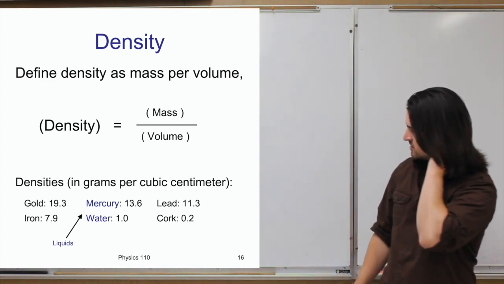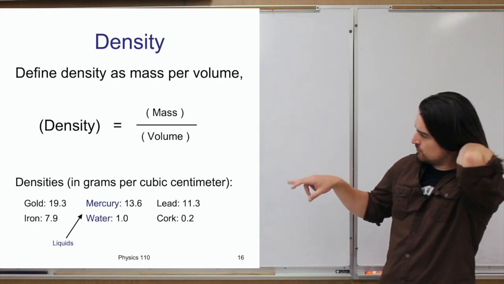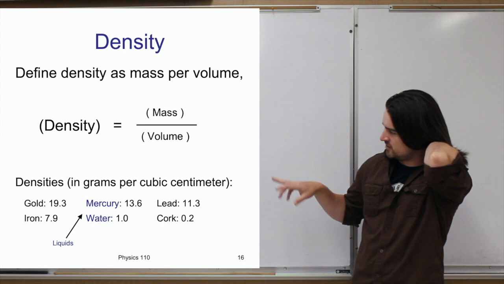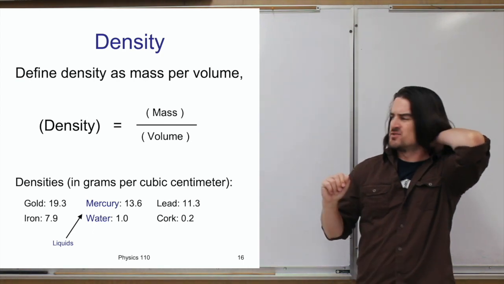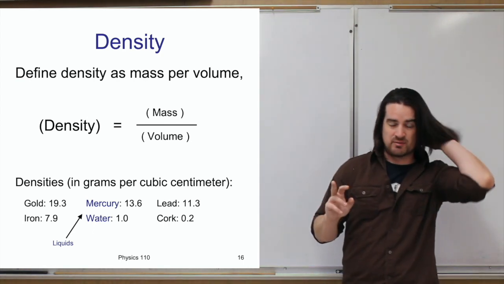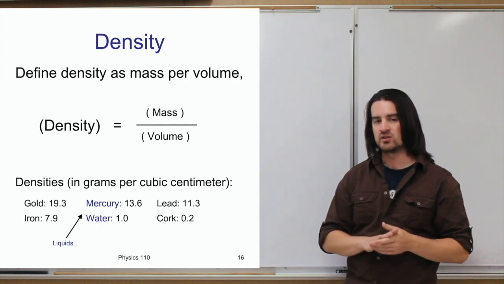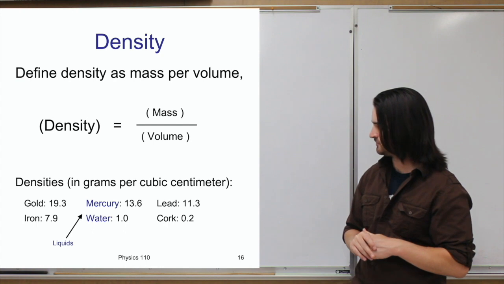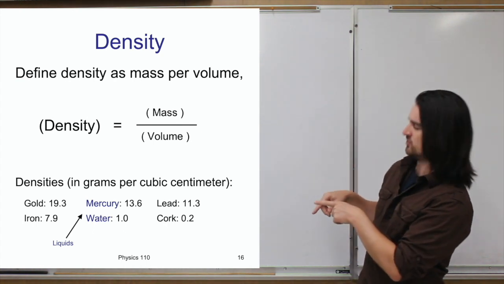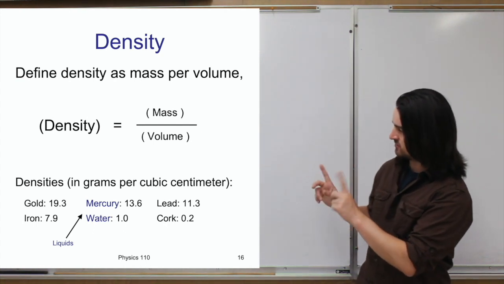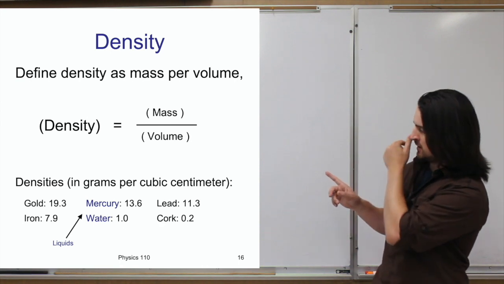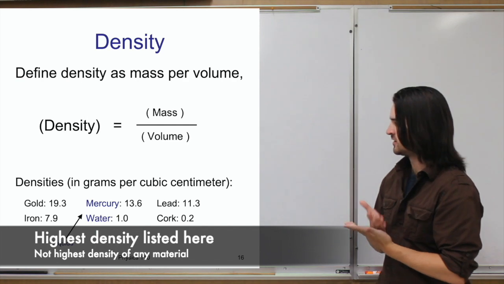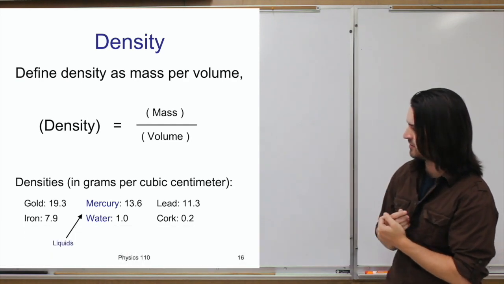So you compare that with some of these other materials. Mercury, which is also given in liquid form, is over 13.5 grams per cubic centimeter. So a lot denser than water, over 13 times more dense than water. Versus some of these other materials, which are given as their density when they're solids. Gold has the highest density, 19.3 grams per cubic centimeter.